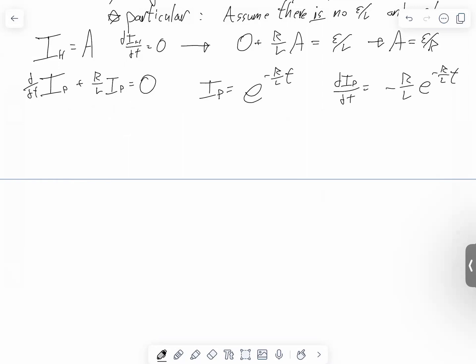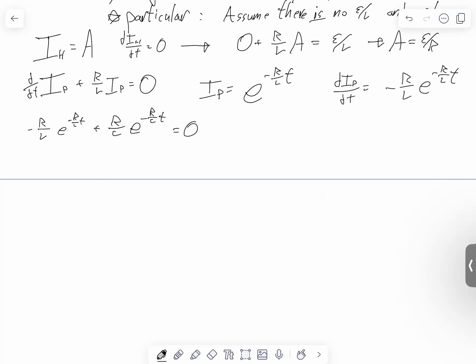Plug our proposed trial solution into the master equation. What do you get? Negative R over L e to the negative R over L T plus R over L times e to the negative R over L T. Does that equal zero? Yeah, I've written the same thing twice with the minus sign.